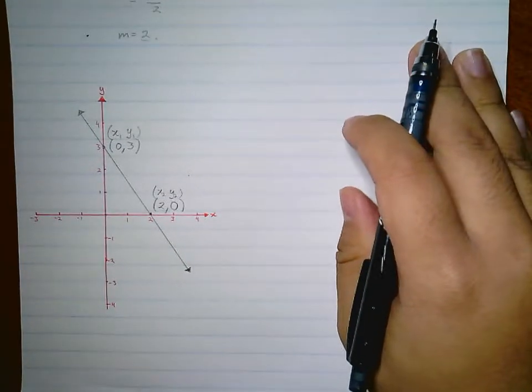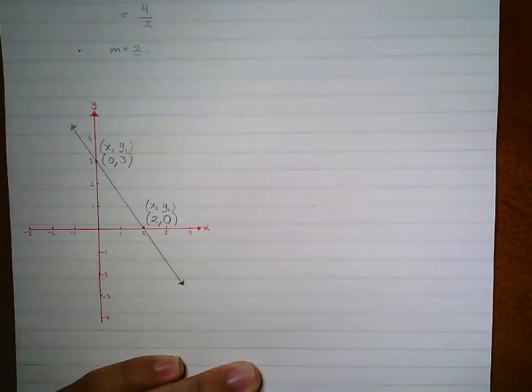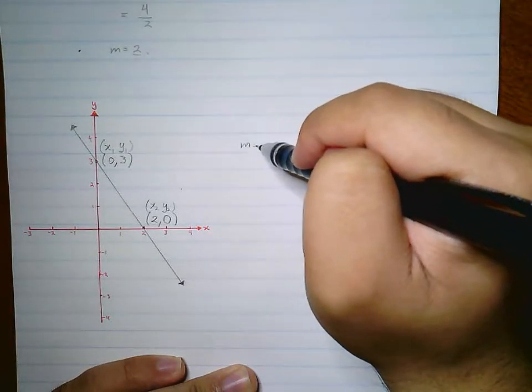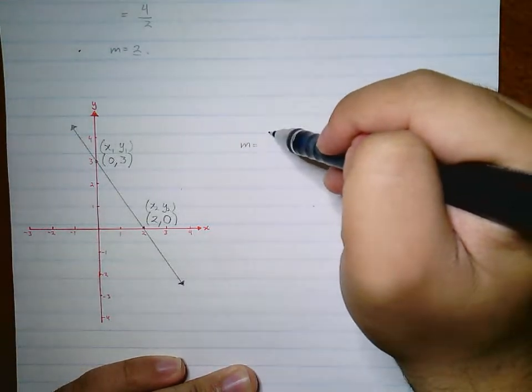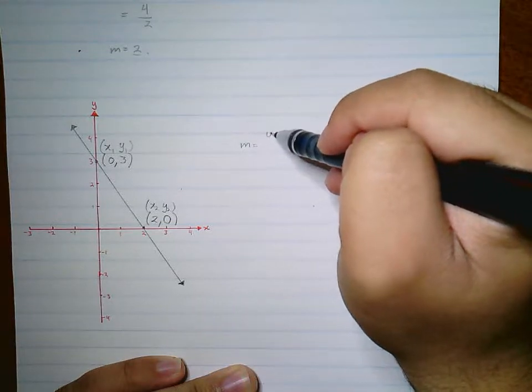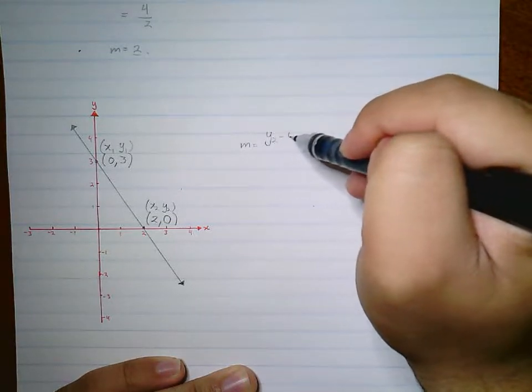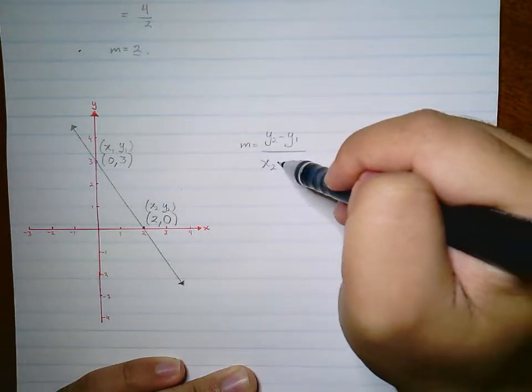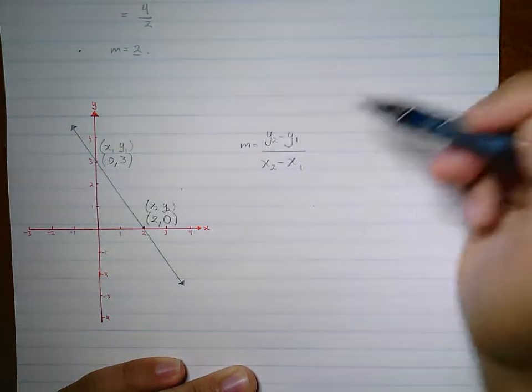We can calculate the gradient of this now using our formula. I'll rewrite it again. M is the rise, so the y's first, so y2 subtracted by y1 over x2 minus x1.